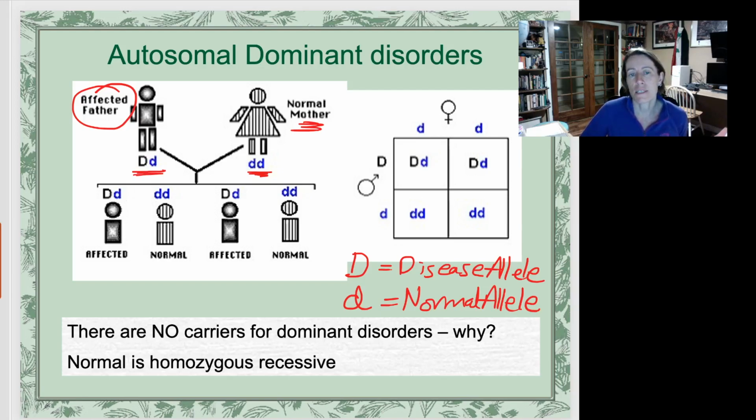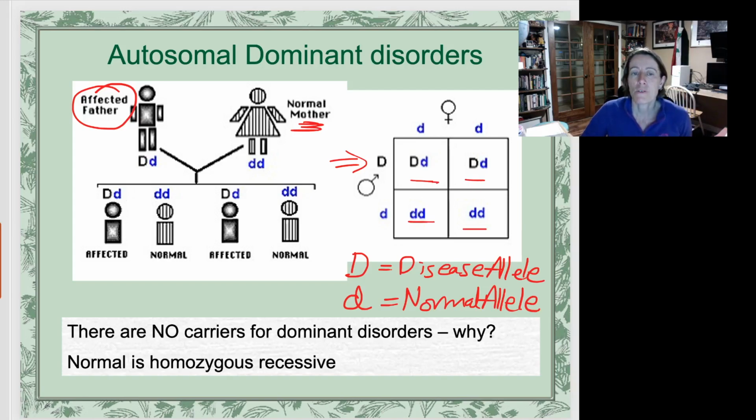And on the right side here, we can see the Punnett square for this pedigree. The mom is at the top, so her 2 little d's are showing up here and here. And then the dad is down the side, so his big D, little d is showing up here and here. And when we do the cross, you can see this is how the offspring end up.